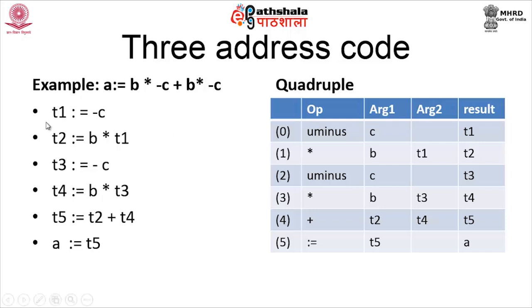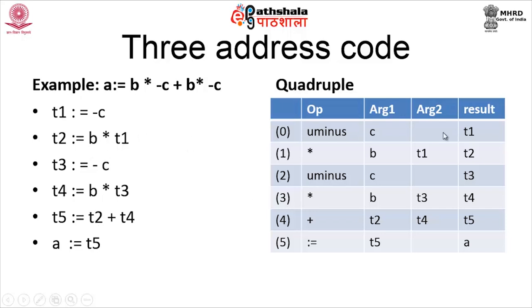So here T1 equal to minus C basically says that the interior node is labeled T1, whose operator is a unary minus, and its only child happens to be C. So this falls under the 2 address code category: X is equal to operator Y. The next one is an interior node star, whose LHS happens to be B and RHS happens to be the node whose operator is a minus. But we know that this node has been labeled as T1. So it's got B into T1 and so on.